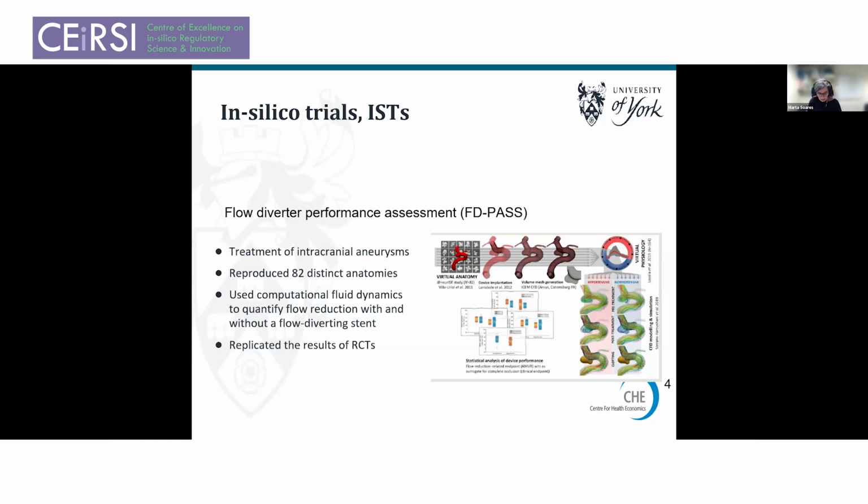The computer modeling then used computational fluid dynamics to quantify flow reduction with and without a flow diverting stent in the same anatomy. The results of this study, and it's interesting to have a look at the paper, were shown to replicate the results of 3 in-human RCTs.